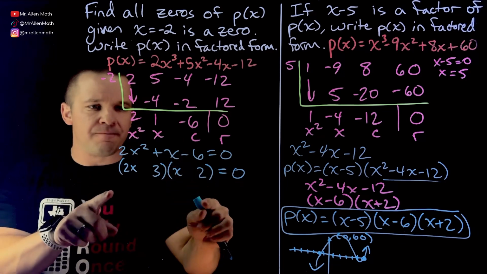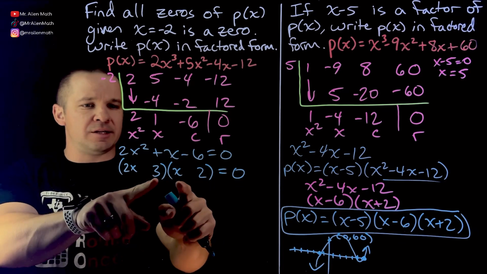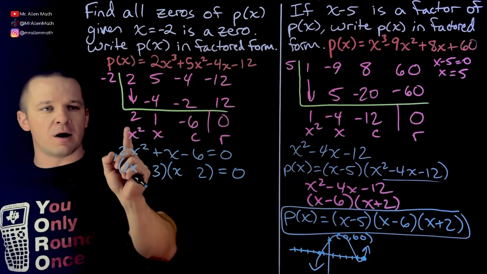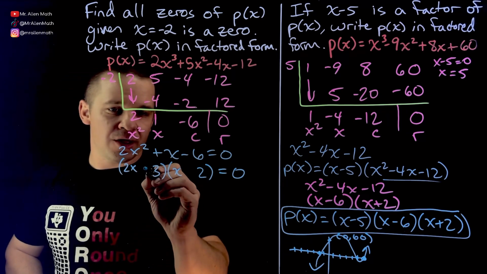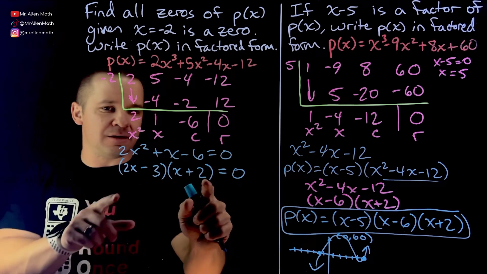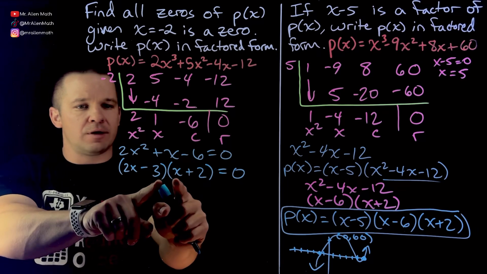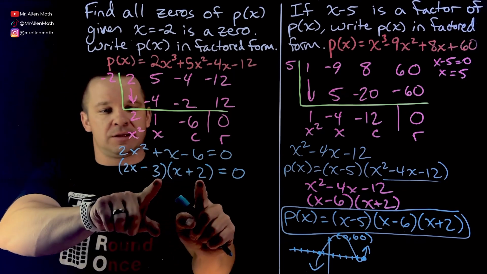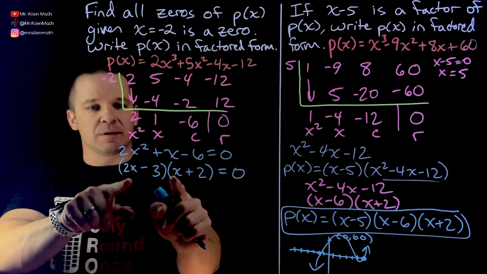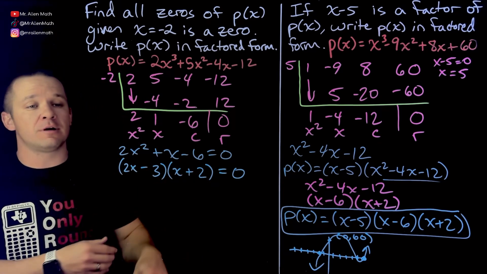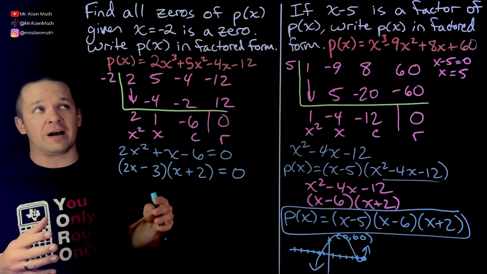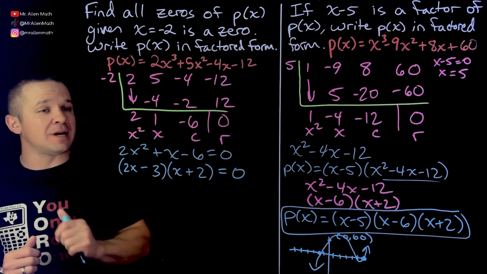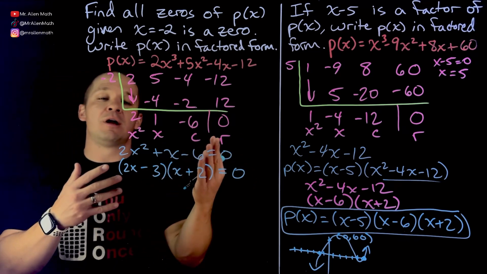The reason I picked that is because this would give me 4x and this would give me 3x, which are 1 apart. Now, if I pick this guy to be negative and this one to be positive, I got 4x squared, 4x, negative 3x, that adds to 1x. These multiply to negative 6. These multiply to 2x squared. I am factored. If you have a different method that you prefer for factoring, that's cool. I do guess and check whenever the numbers are manageable like they are here.